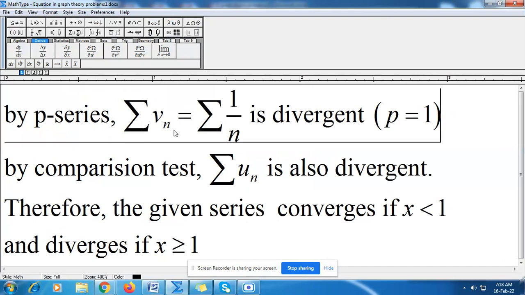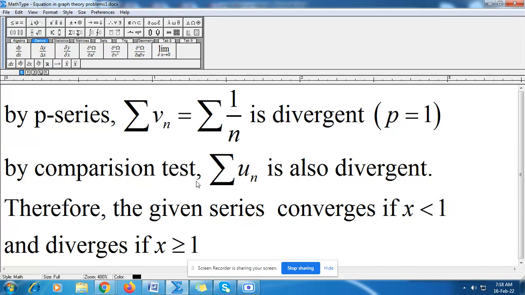By the p series, sigma v_n equal to sigma 1 by n is divergent since p is equal to 1. By the comparison test, sigma u_n is also divergent. Therefore, the given series converges if x is less than 1, and diverges if x is greater than or equal to 1.